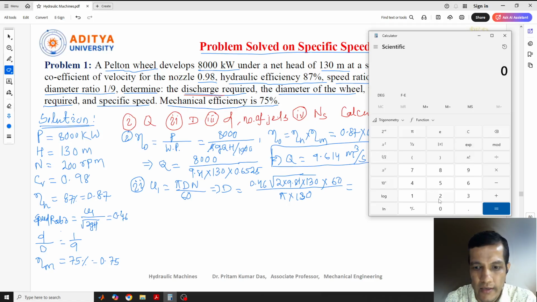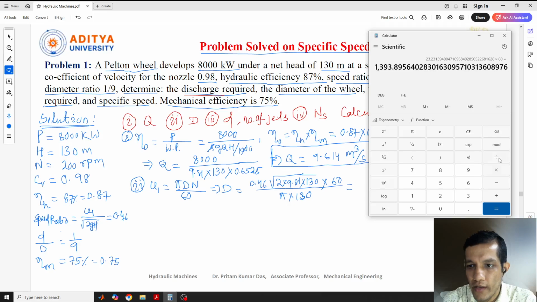That is 2 into 9.81 into 130, this much root over of this, multiplied by 0.46, so 23.23, the same value we got last time, into 60, divided by bracket start 60 into pi.